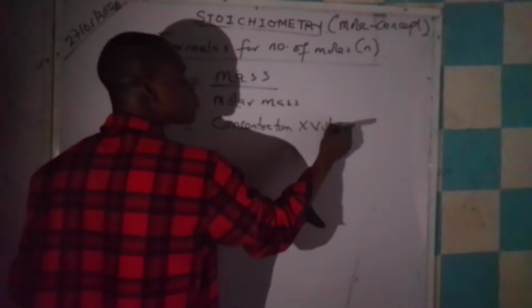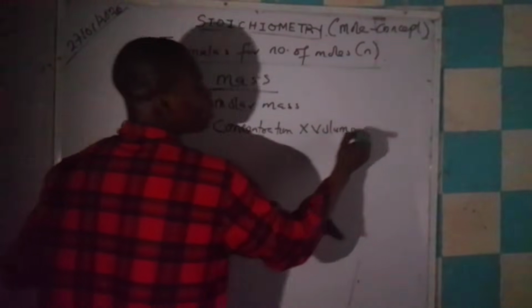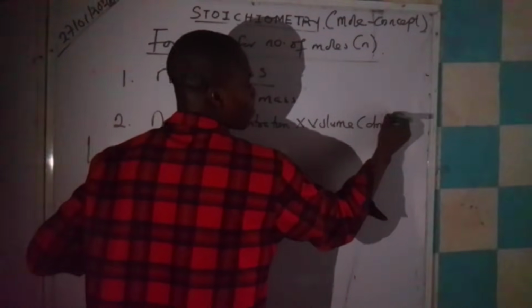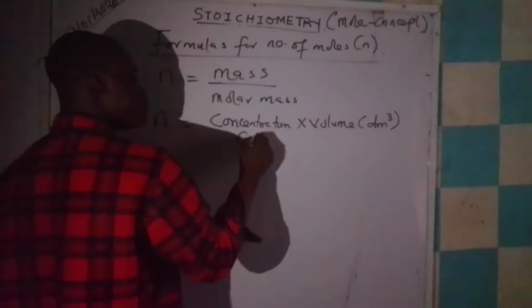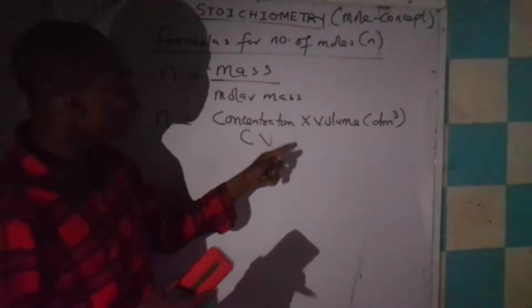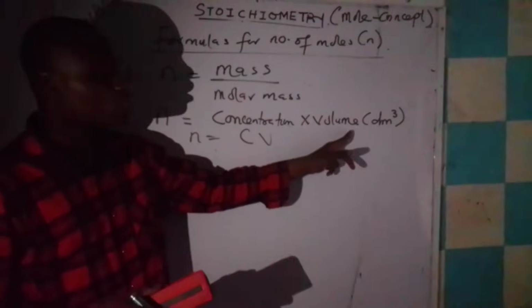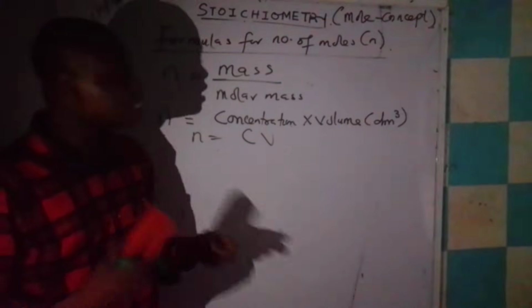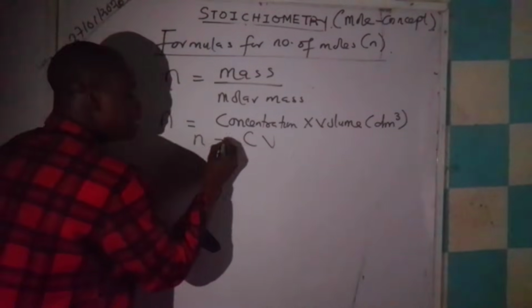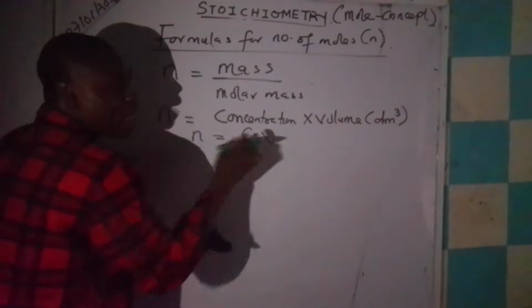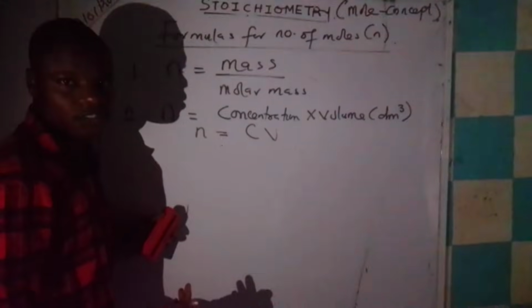times volume. If it's in dm³, that is CV. Now note, if your volume is in dm³, the formula you are using is concentration multiplied by volume, CV.